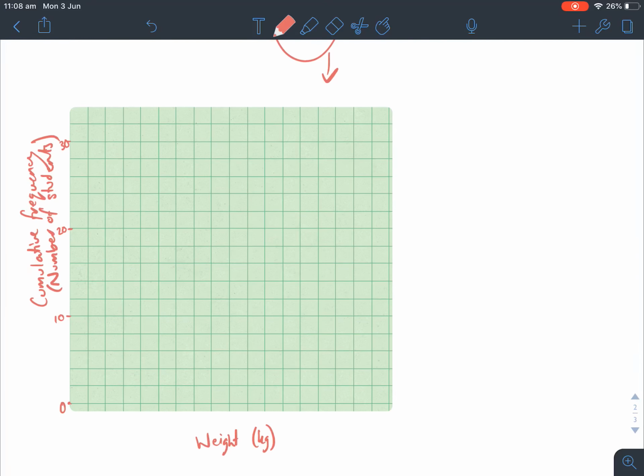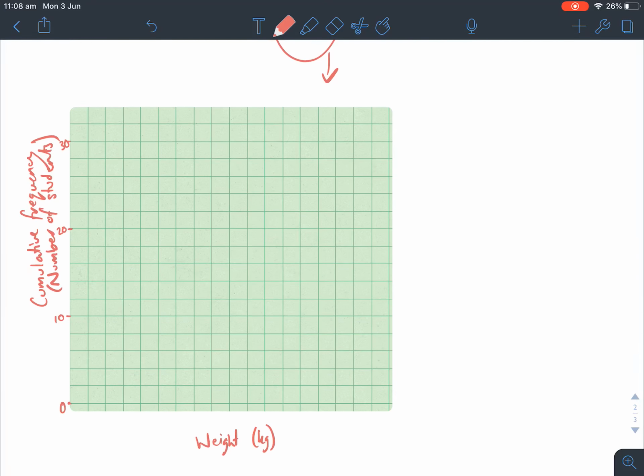And then 12 students. 21. 25. Okay, so that's our histogram, and then we need to draw the ogive.